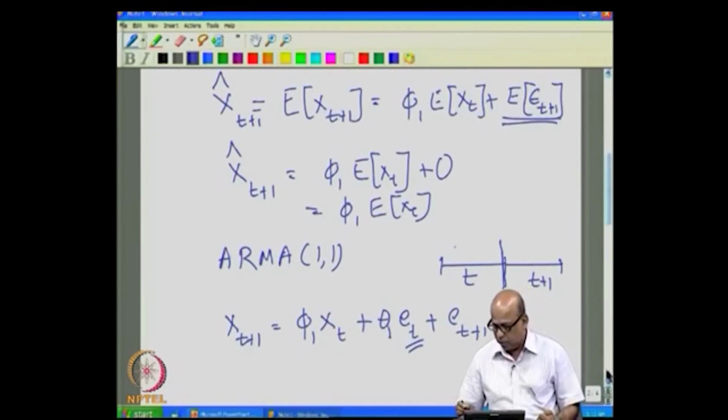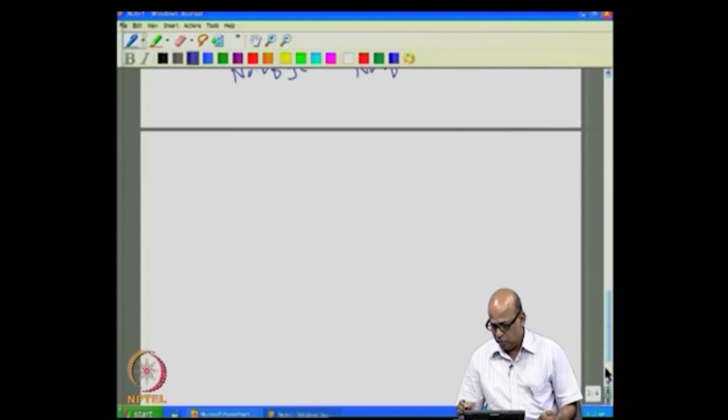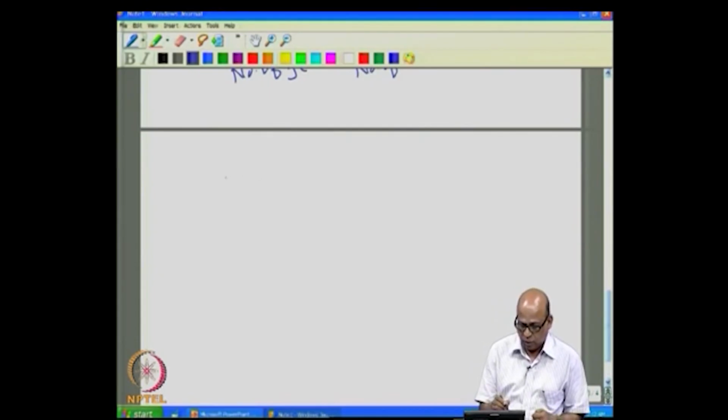So, in the AR1 model, the forecast for time period t plus 1, you would have written as phi 1 into x t, or is equal to phi 1 expected value of x t.